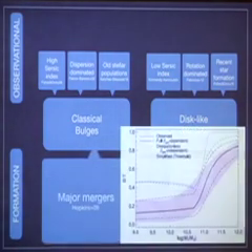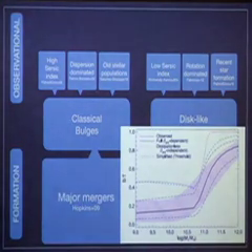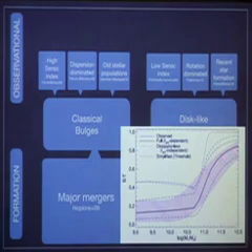For example, we can form classical bulges using major mergers. This is a plot by Hopkins and collaborators in 2009, where they show the bulge to total luminosity ratio, so the contribution of the bulge to the total light of the galaxy, as a function of the total stellar mass. And what is interesting is that in their simulations where they don't include gas, what you have is this line over here, which is not reproducing the observations, which is this shaded region over here.